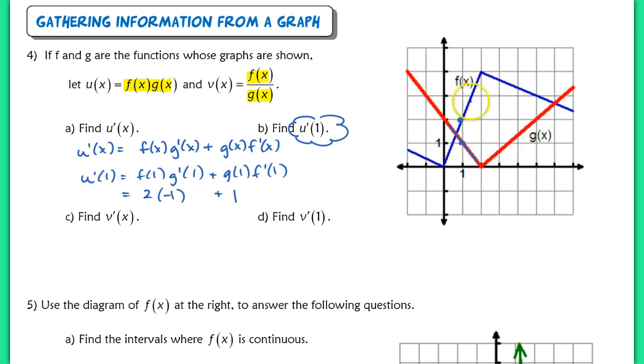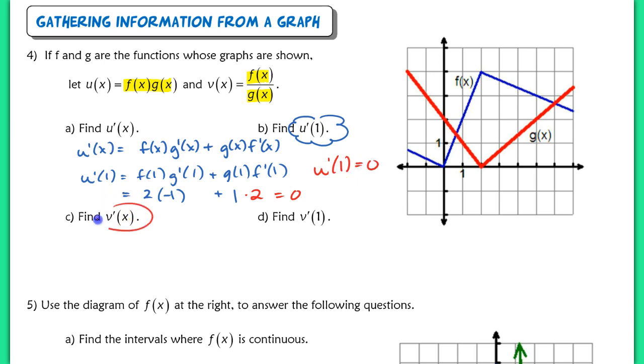This time it's supposed to be tangent to f at x equals 1. So the line that's tangent to f at x equals 1 has a slope of 2, right? Up 2, over 1. So f prime of 1 is 2. So if we evaluate negative 2 plus 2, we get 0. So u prime of 1 is 0.